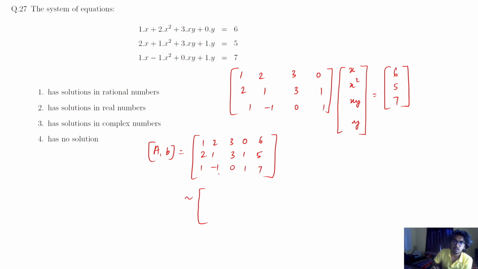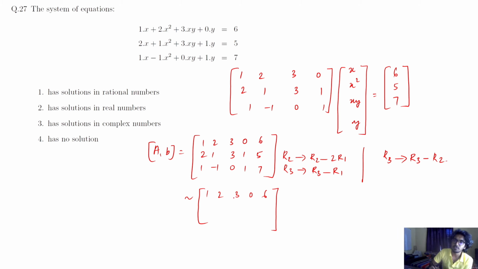If you perform the linear elementary transformations, you would end up in a matrix. I am going to give you the final matrix. Just R2, you have to do R2 minus 2R1, then R3 is simply R3 minus R1, after which you just have to do R3 minus R2.